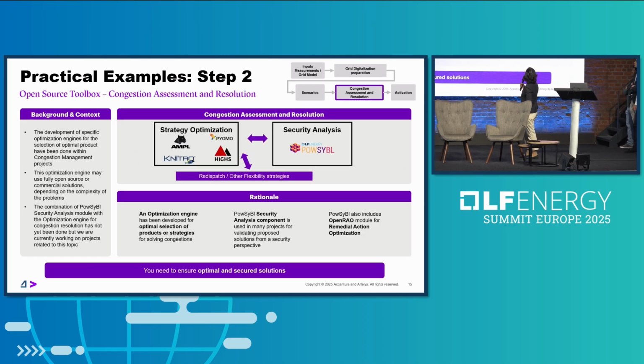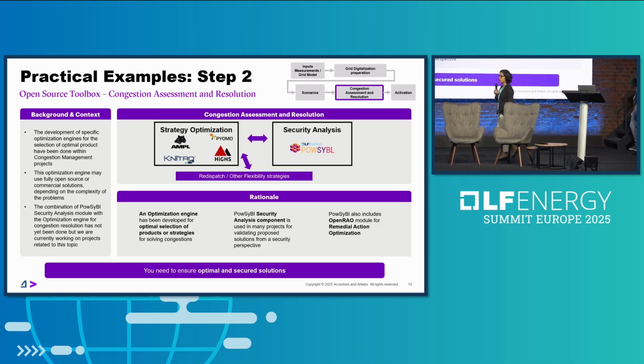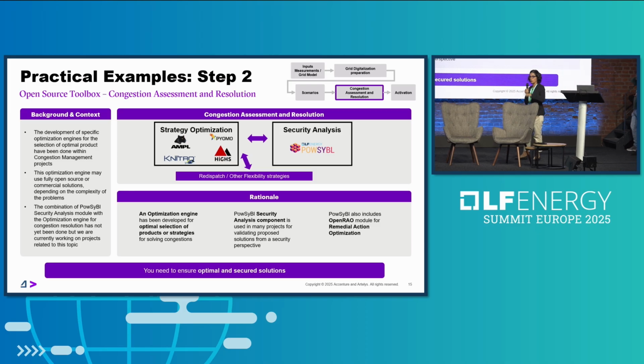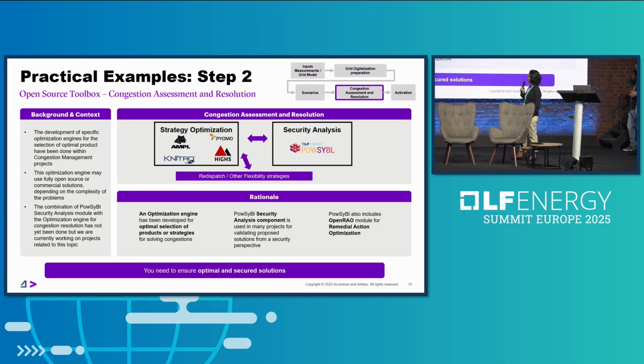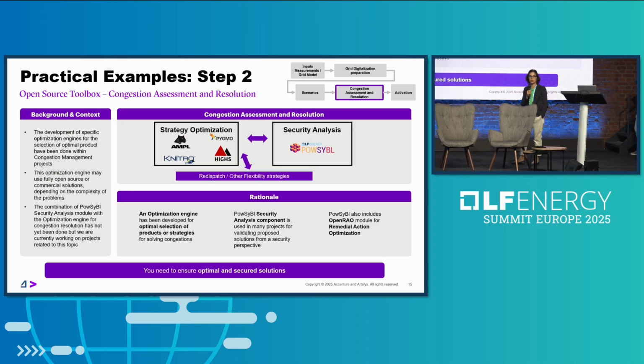So on step two, we have projects that we have done that are really in the congestion management context. What we first show on the strategy optimization is that you need to be able to select the optimal solutions once you detect the congestion.